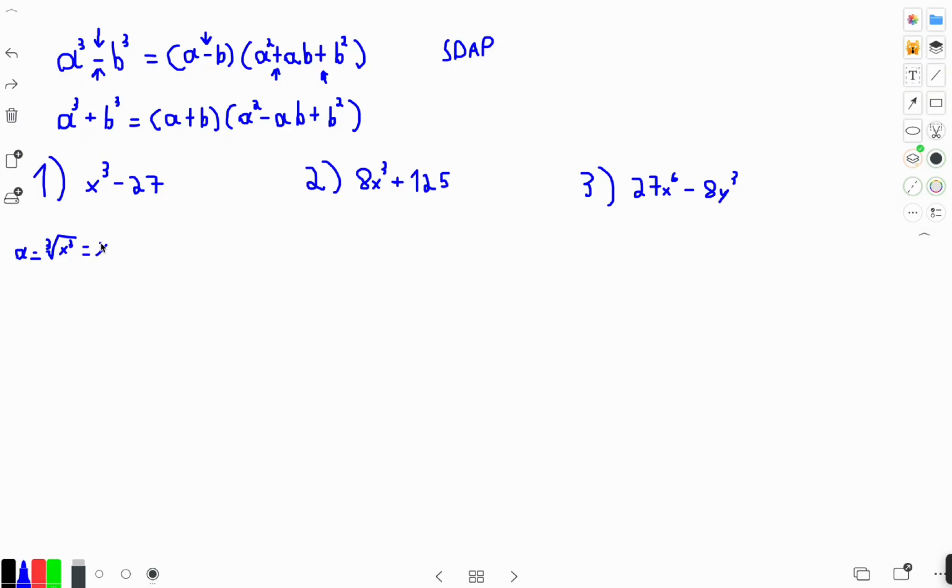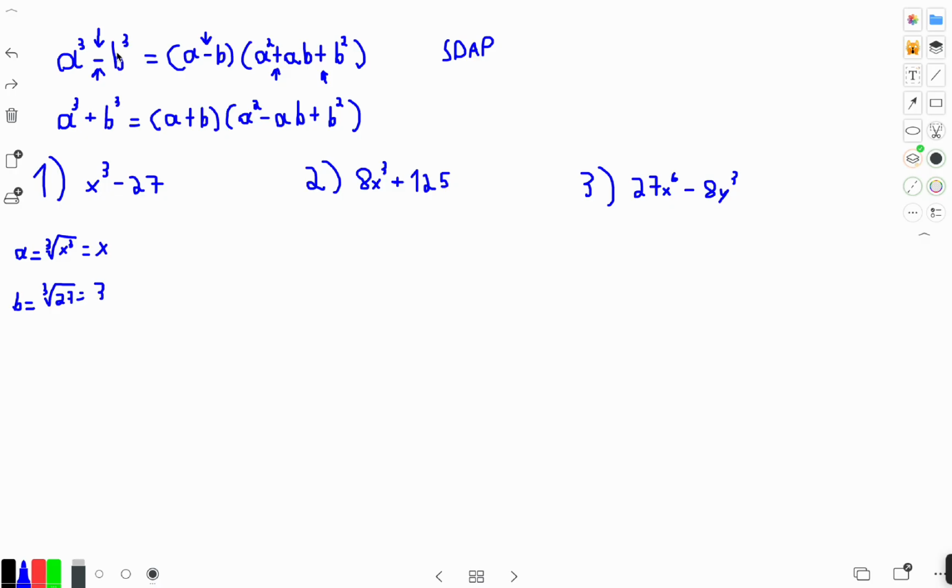So our A is equal to x. And then to find our B, we find the third root of the second term, which is 27. You can do this in your calculator, but it's good to have these simple roots memorized. So the third root of 27 is just 3.